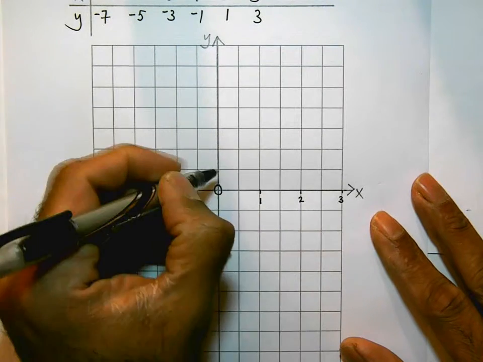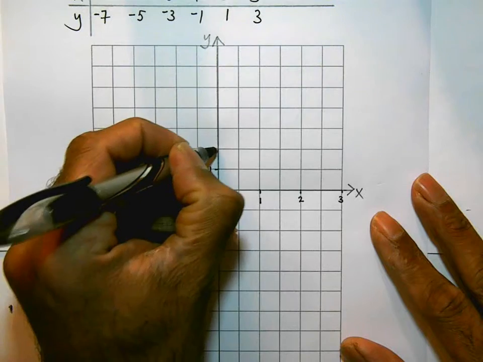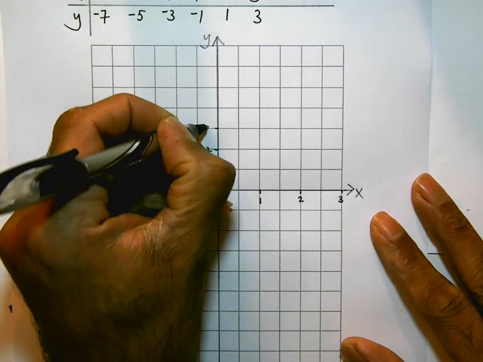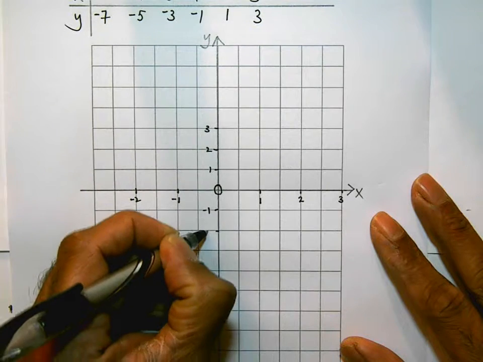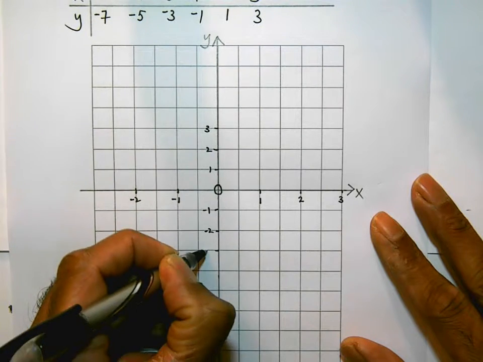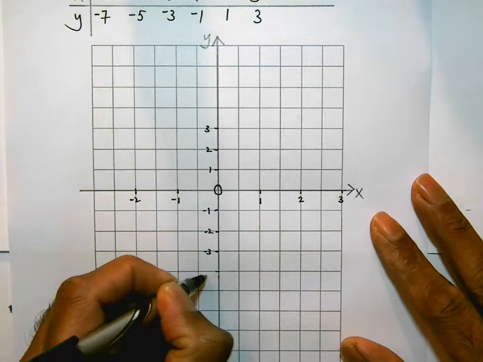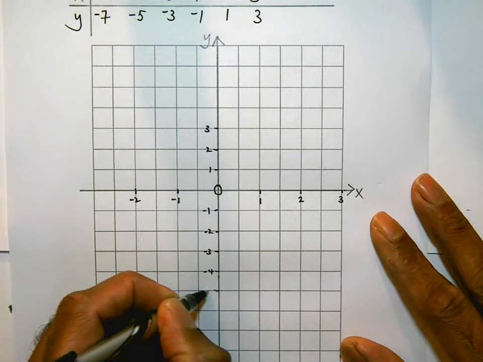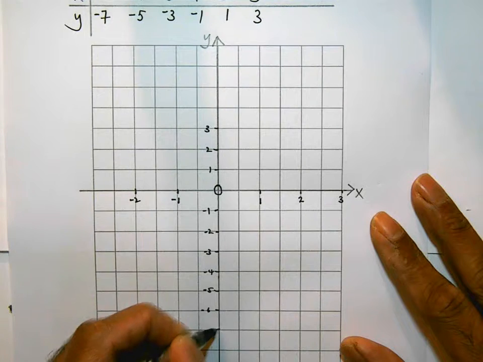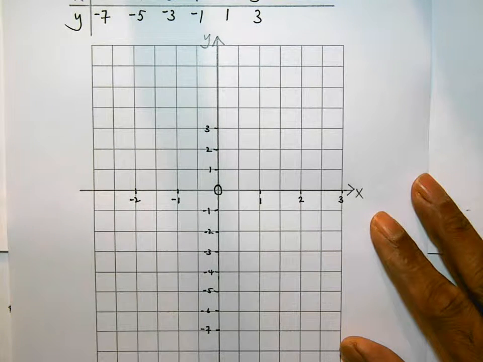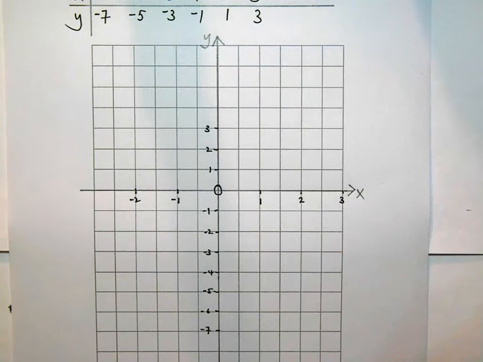Okay, so let's mark these in. 1, 2, 3, and then minus 1, minus 2, minus 3, minus 4, minus 5, minus 6, and finally minus 7. You could go further up and down if you wish, right? But these are going to help us plot all the points that we've identified.